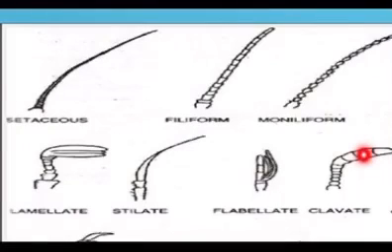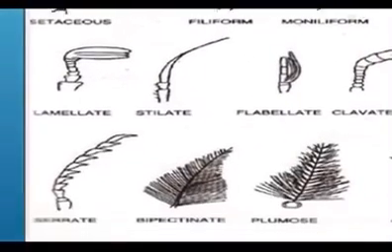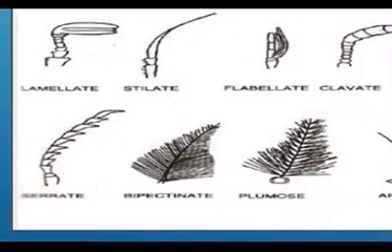Next is clavate type. In the clavate type of antenna, the successive segments of the flagellum become gradually broad, giving an appearance of a club shape. Example, in Coleoptera and Lepidoptera. Then comes the serrate type.